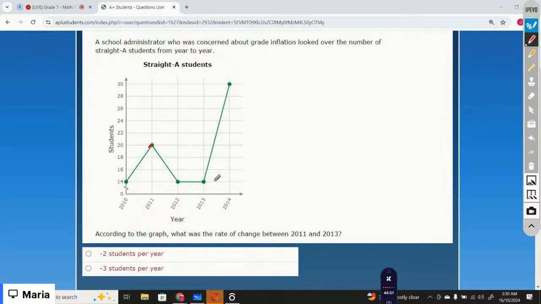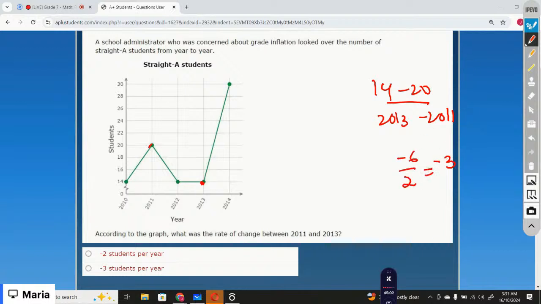2011 and 2013. 14 minus 20 over 2013 minus 2011. That is negative 6 over 2.